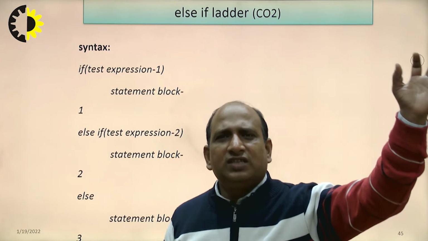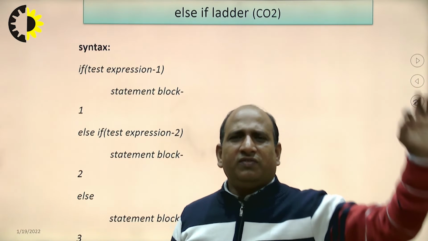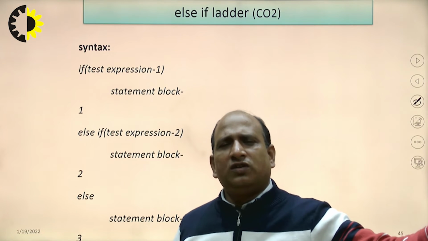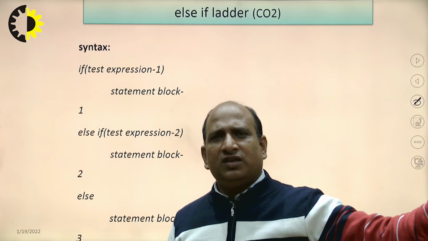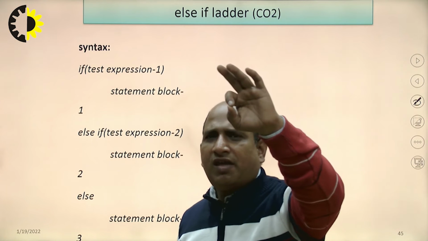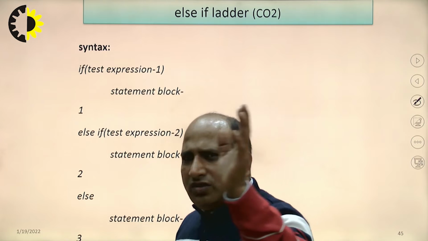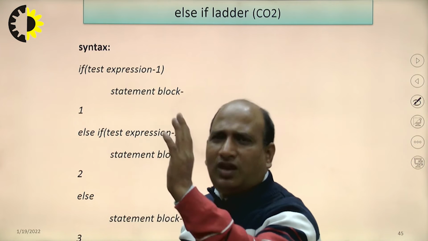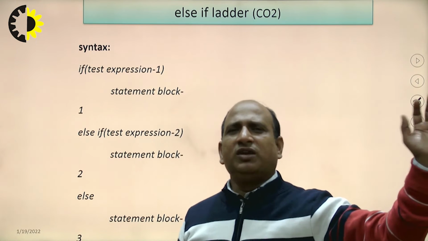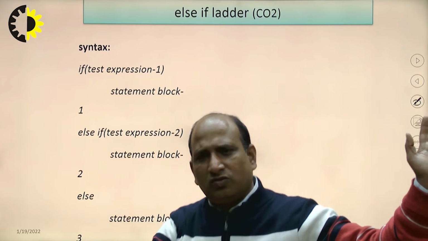If this condition is satisfied, execute this set of statements. Otherwise, check another. We will move to check the second condition only when the first condition becomes false. Otherwise, we need not move ahead.